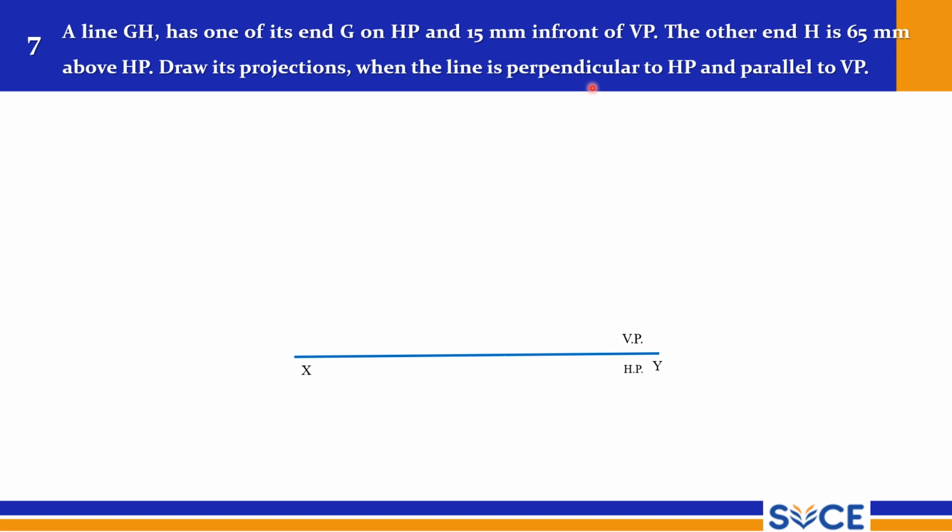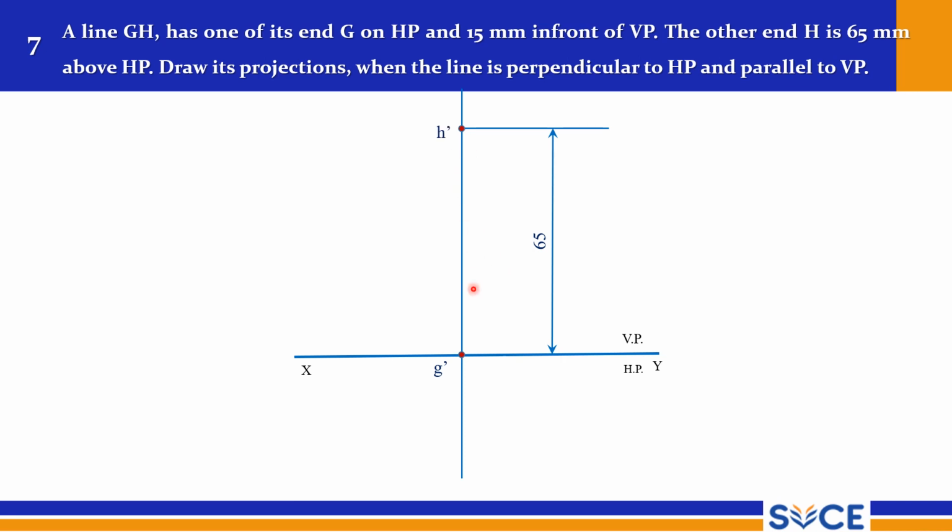So here in the front view, the G point is lying on HP. So G dash should be on the XY reference line, right? And the H point is 65 mm above HP. So draw one more line at 65 mm. So G dash is on HP, and 65 mm above the XY reference line, this becomes your H dash.